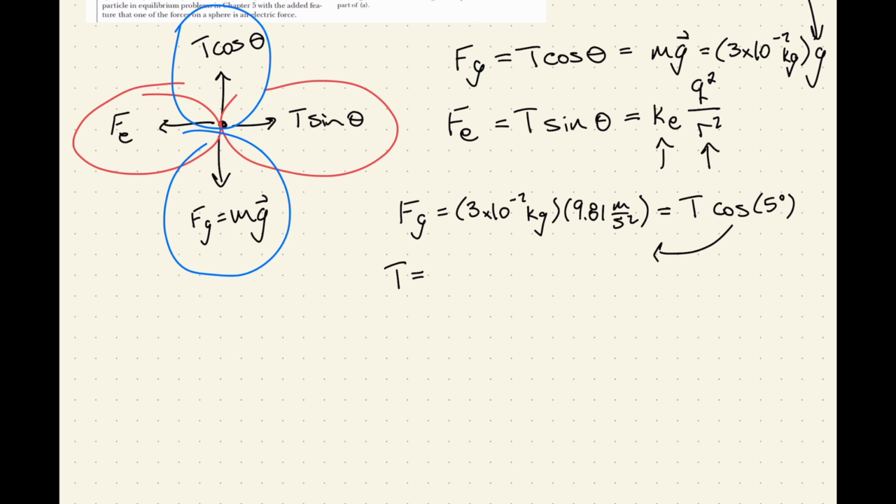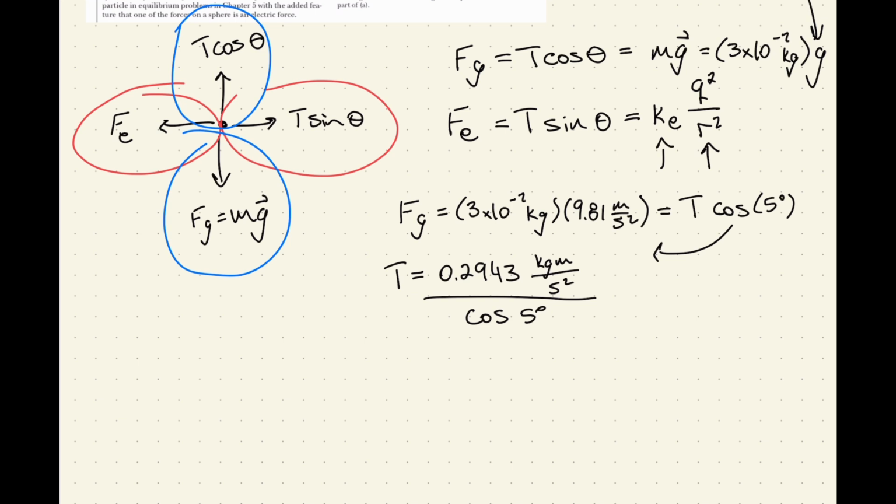That gives me 0.2943. This is kilograms meters per second squared. And we divide this whole thing by cosine of 5 degrees. What is cosine of 5 degrees?